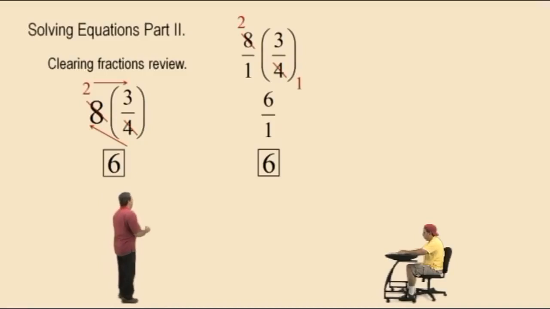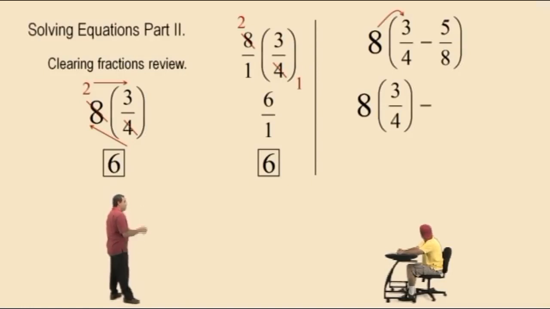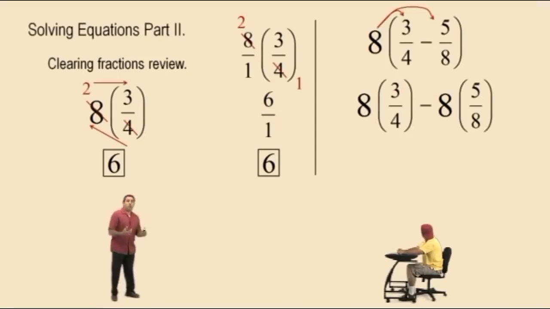So let's go ahead and do this expression over here. We have the number 8 being multiplied to the difference of 3/4 and 5/8. Well, by the distributive property, we're going to distribute the 8 to the 3/4, bring down your subtraction, and distribute the 8 to the 5/8. Well, notice 8 was the lowest common denominator for those two fractions in the parentheses, right?